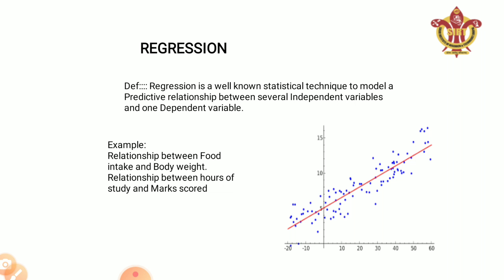In the diagram which you can see, the red line indicates a regression, which is known as a line of regression. Basically, regression is a technique which indicates a relationship between one or more independent variables and one dependent variable. In this diagram, the blue dots are nothing but the dependent and independent variables, and the line of regression, marked by the red line, is moving in an upward direction.